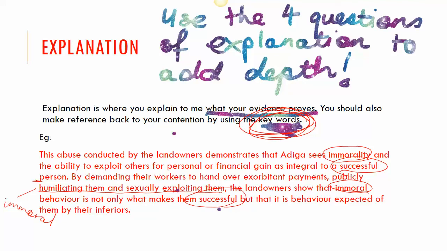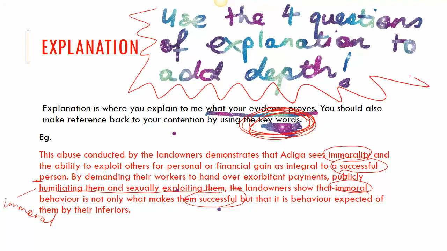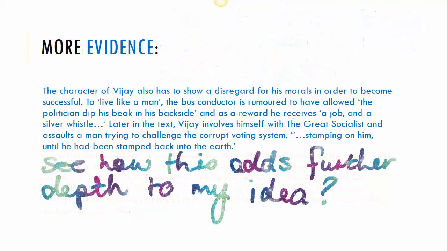So I'm using those keywords again because I want to make sure that my examiner knows I'm answering the question. Now, you'll notice at the top here, I've got a little statement saying, use the 4 questions of explanation to add depth. Now, the 4 questions of explanation are as such.